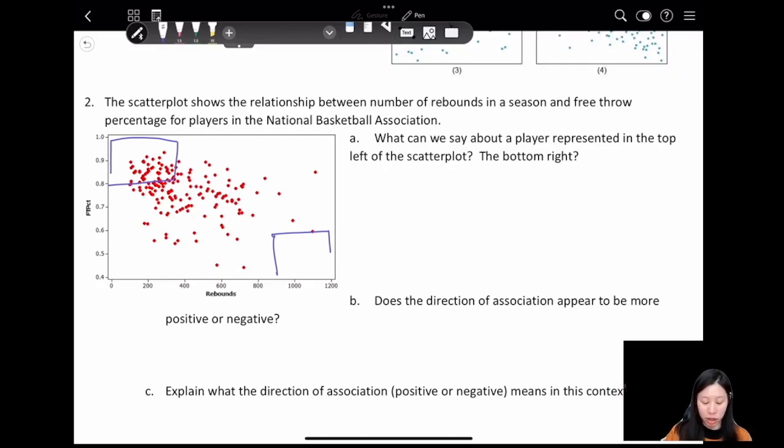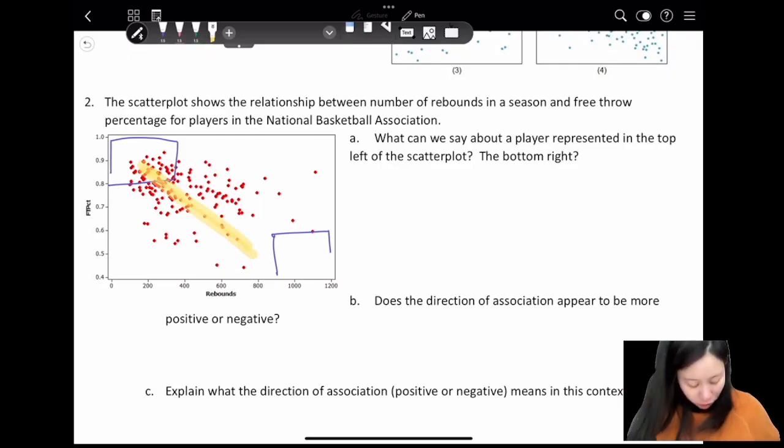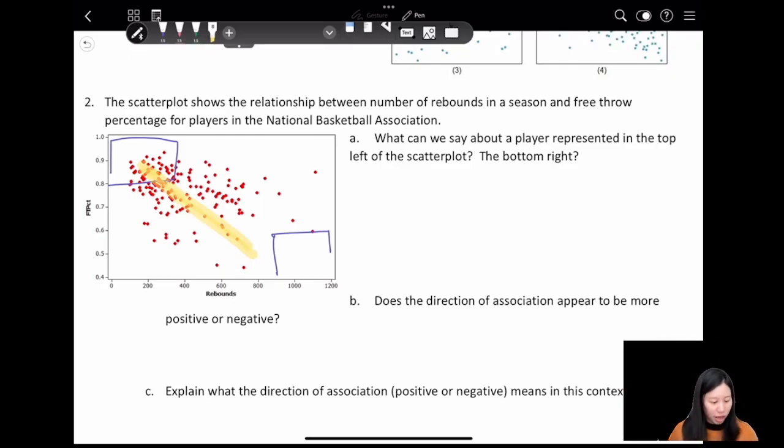Since this is a decreasing correlation, decreasing towards this way, we can say the player is not getting a lot of rebounds but has a higher free throw percentage. That's for top left.